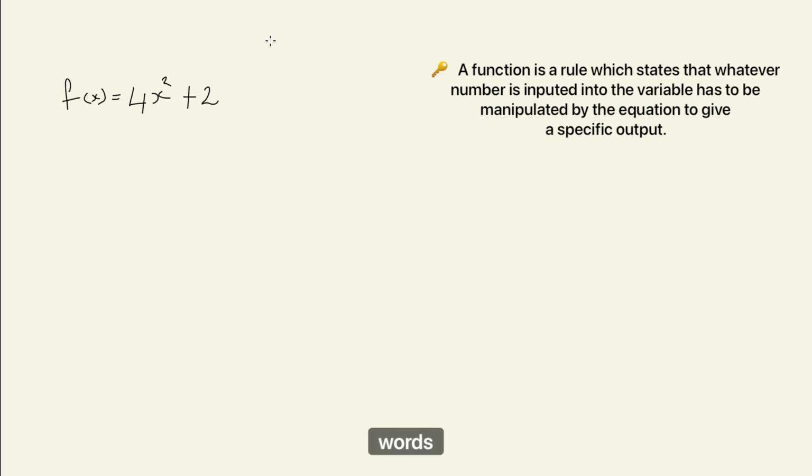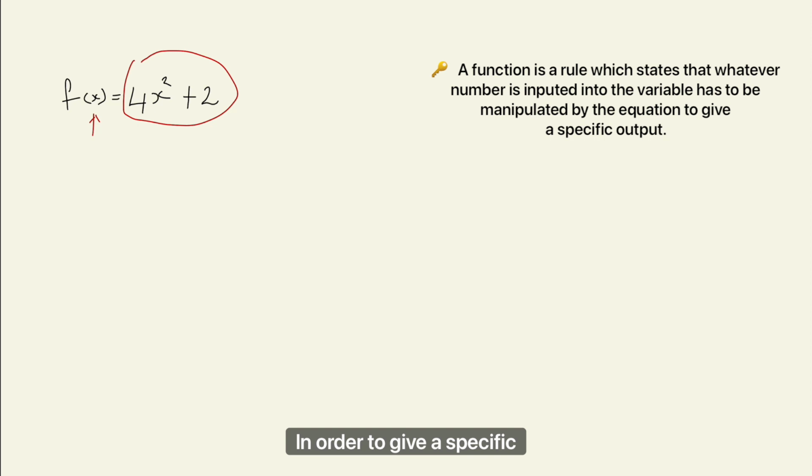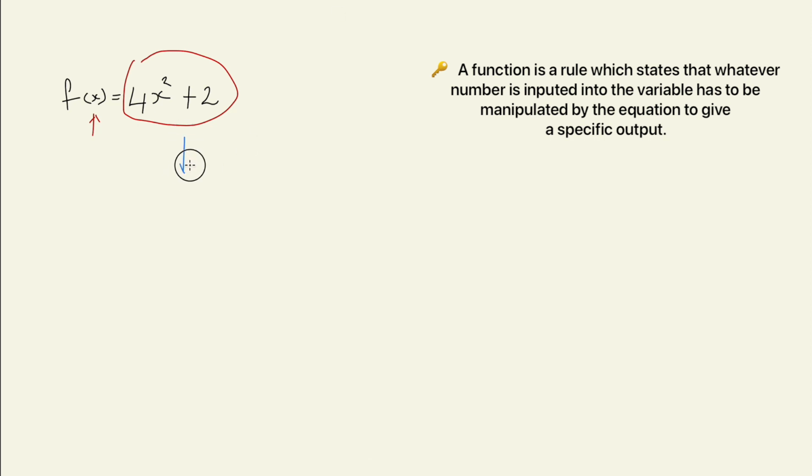In other words, whatever number is inputted into the variable x has to be manipulated by this rule in order to give a specific output. And we're going to look deeper into this equation as we proceed.